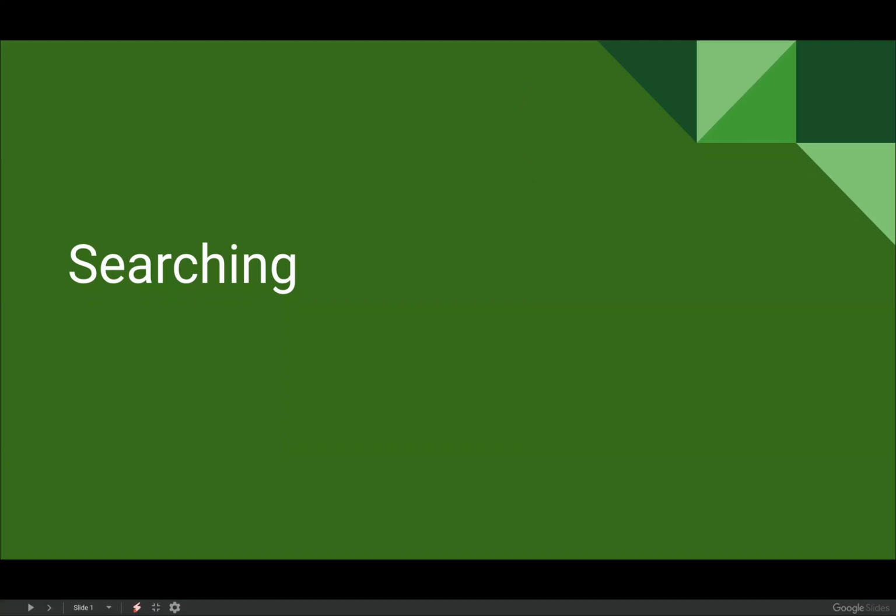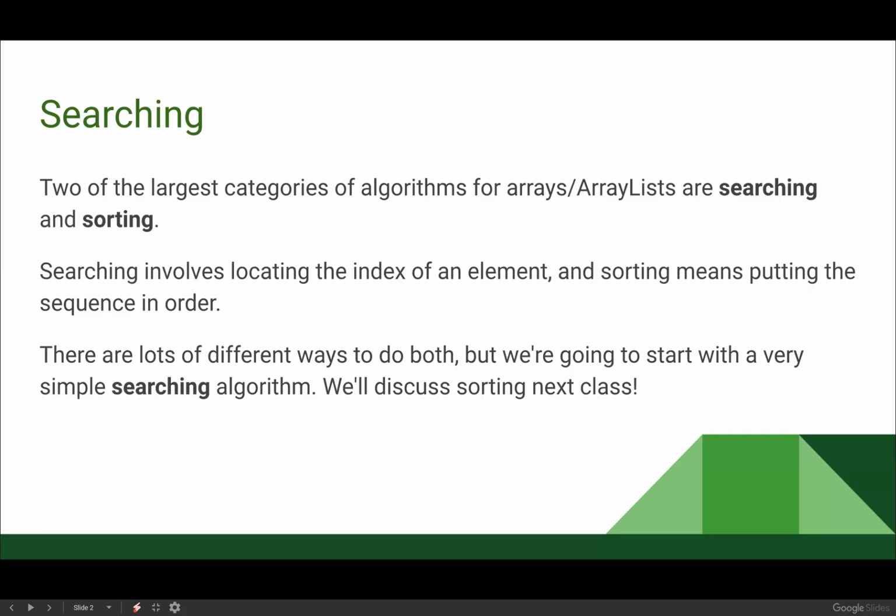Right, today we are going to be talking about searching algorithms. Two of the largest categories of algorithms for arrays or array lists are searching and sorting.